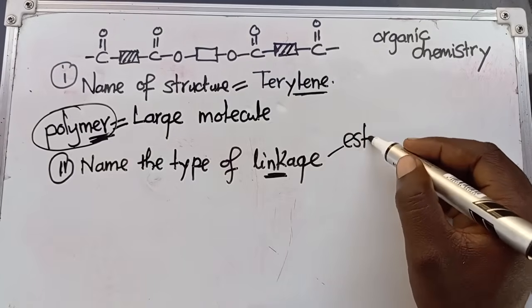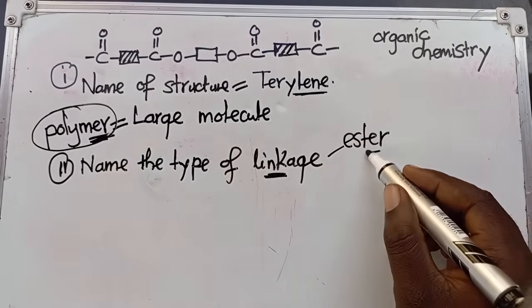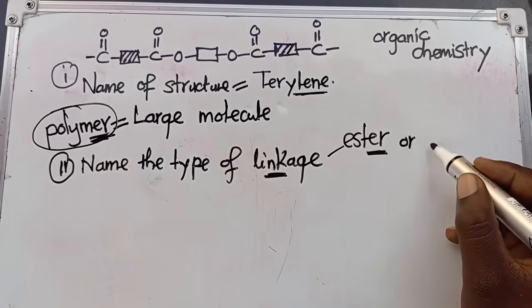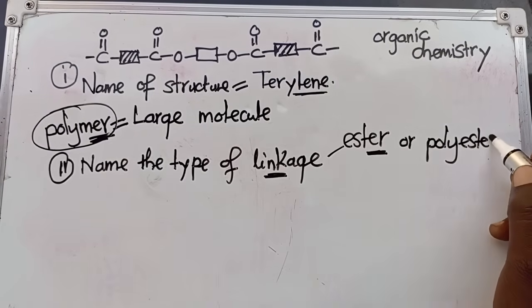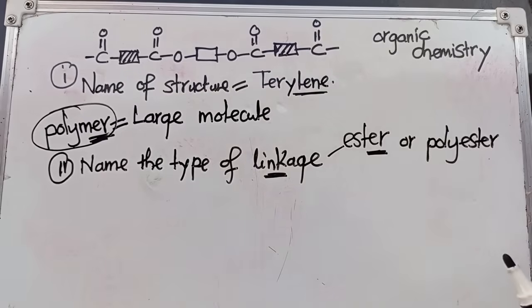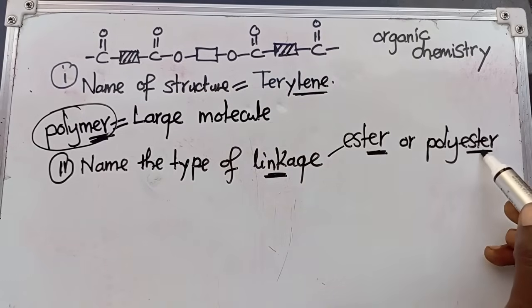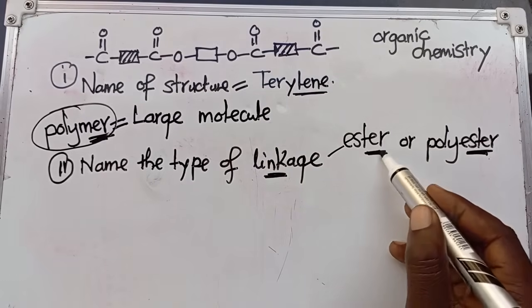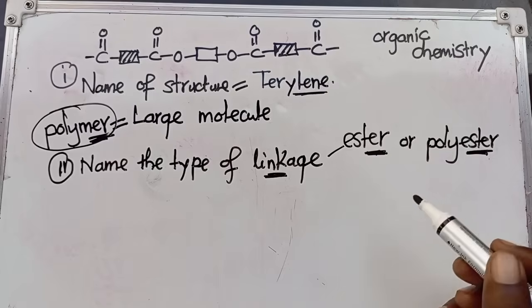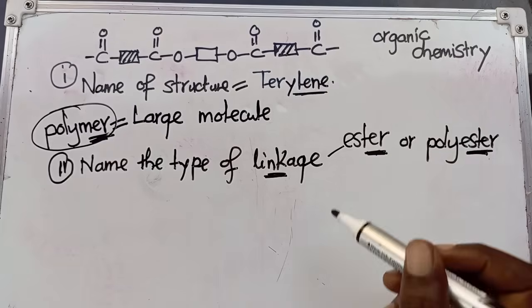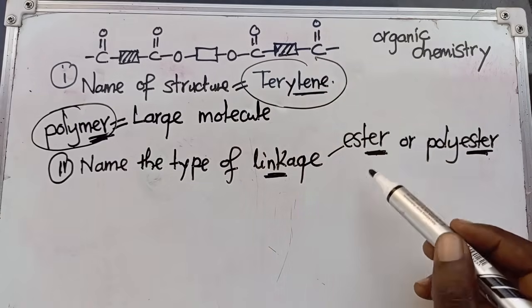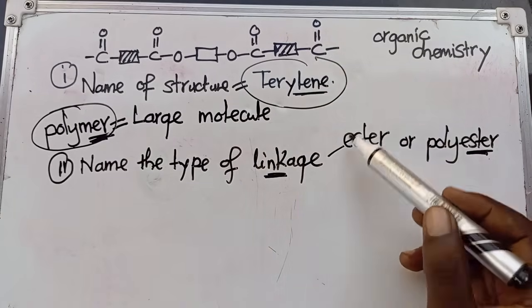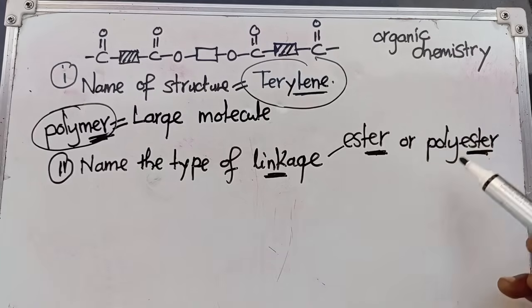You may put an answer there as ester linkages, or you may put something like a polyester. All these qualify to be answers. They are going to mark you. You can say it is a polyester. You can say it is an ester linkage that gets to be found there. So tellurine structures get to have these ester linkages. So I can say ester linkage, or I can say polyester.